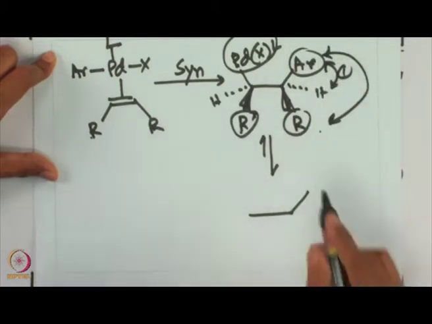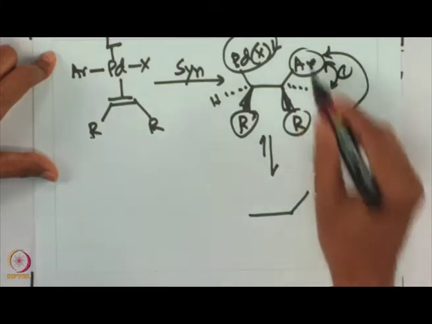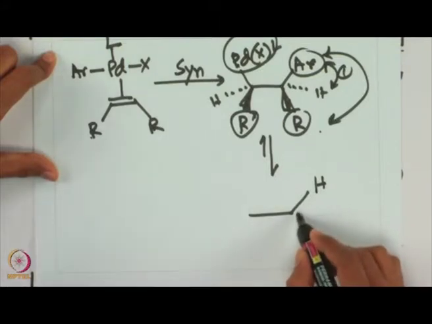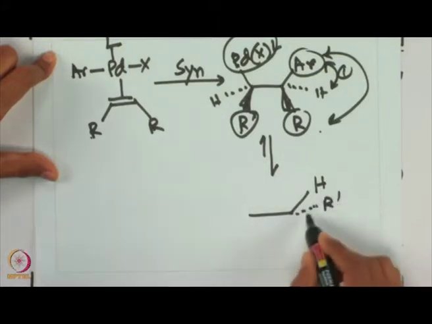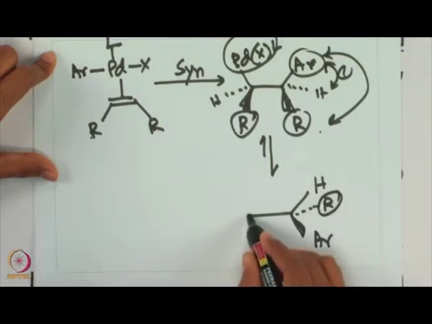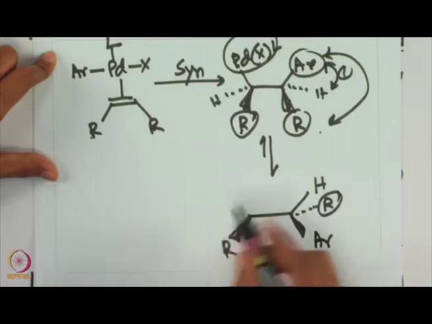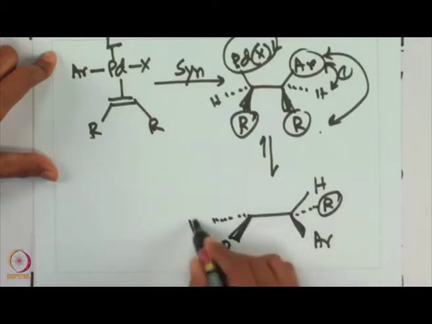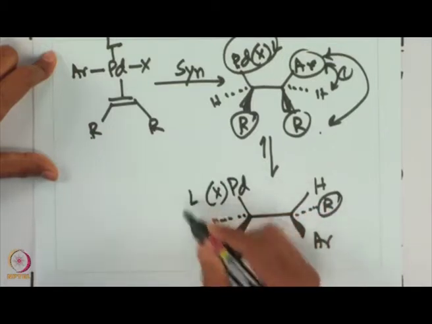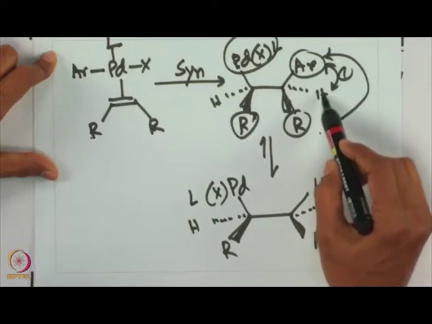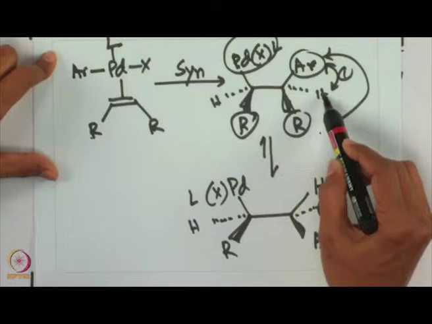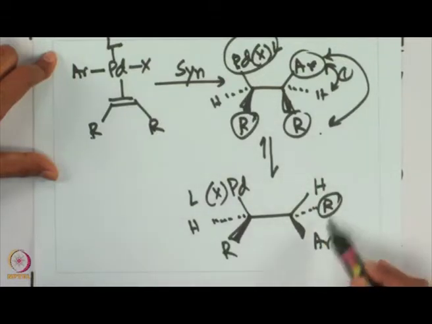Overall you get the substituent where H is above or H is in the plane, and then overall we have R prime in there or R in there, and aryl group is in this substitution position, and R overall comes in the above plane and H is below, and palladium stays in the plane. So, what we have done is we have taken the H over here and aryl over there, okay, and then aryl and R we have swapped, right.